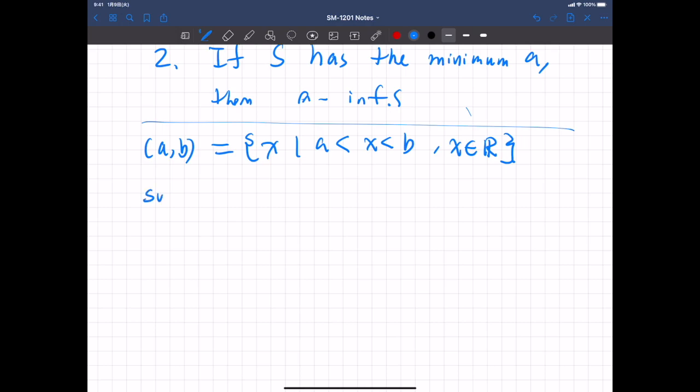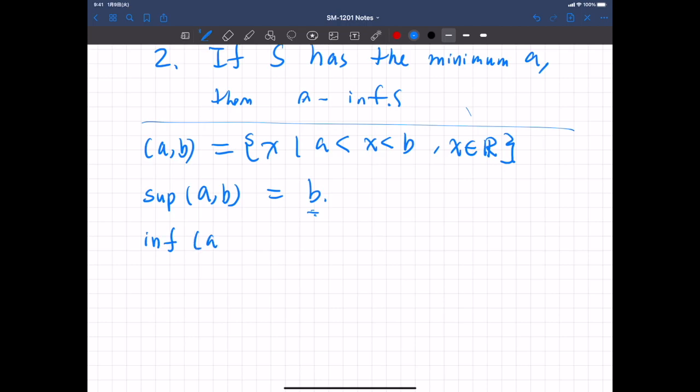The supremum of this open interval between a and b is actually b, right? Because this b is greater than or equal to any of the elements of this interval. So this b is an upper bound. And among all upper bounds of this interval, this b is the minimum value, the least value. Therefore this is the supremum.